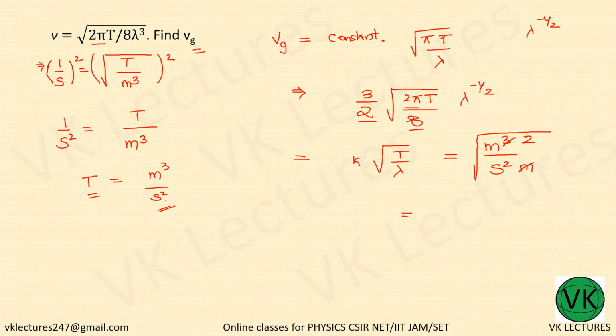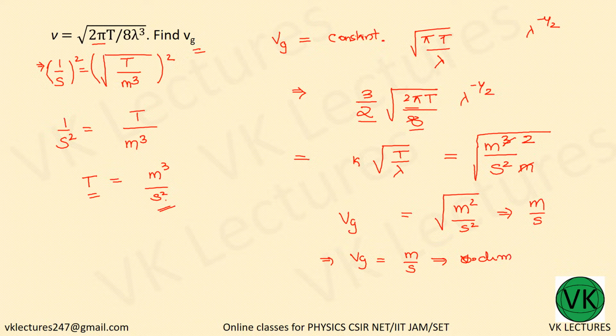So it will be equal to root of meter square by second square, which means meter per second. So Vg equals meter per second, which is the dimension of speed.